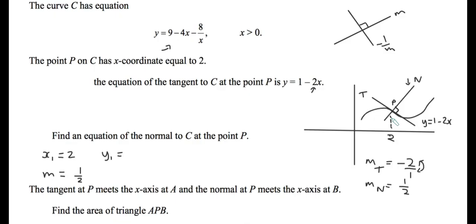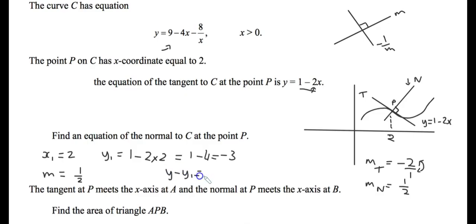So that's one way to do it, but a much easier way to do it is actually to sub 2 into this equation, y equals 1 minus 2x, because P lies on both the straight line and the curve, and obviously subbing into this is much easier. So let's do that. So that will just become 1 minus 2 times 2, which is 1 minus 4, which is minus 3.